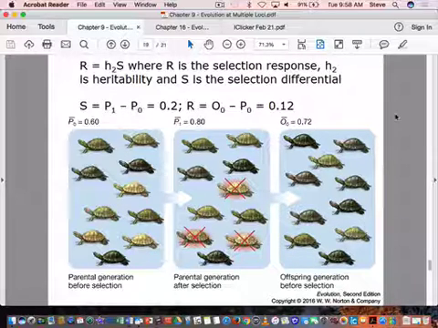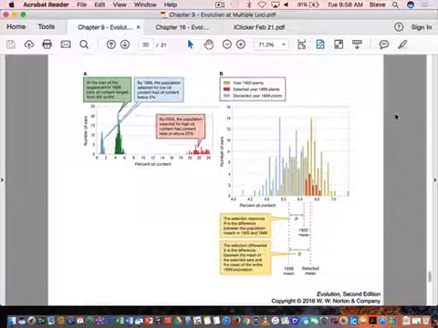Let's look at an example that I think illustrates this really well. In artificial selection in corn, we're interested in a couple of things. One is the oil content, and how much oil you can get out of corn for various sorts of things.